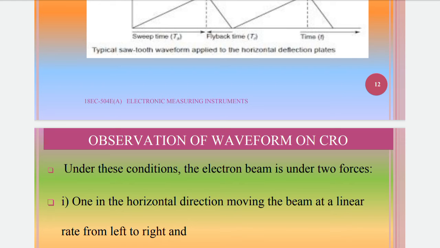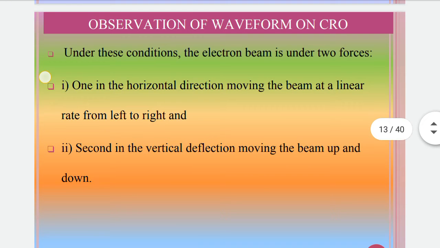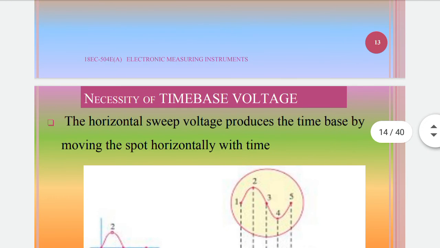Since the deflection is proportional to the voltage applied to the deflecting plates, the horizontal movement is proportional to the voltage applied to the X plates. And since the ramp voltage is linear, it traces a straight line on the CRT screen.